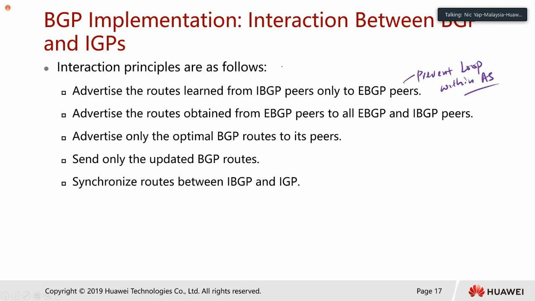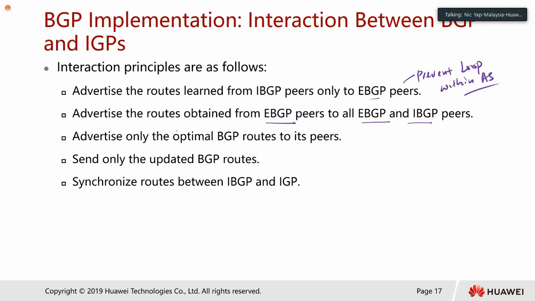Learned from IBGP peers, I will only send to eBGP, not to the next IBGP. If the route is obtained from eBGP peers, you can send to eBGP and IBGP. When I learn from eBGP, I can send to everybody inside the AS, either eBGP or IBGP, no problem.